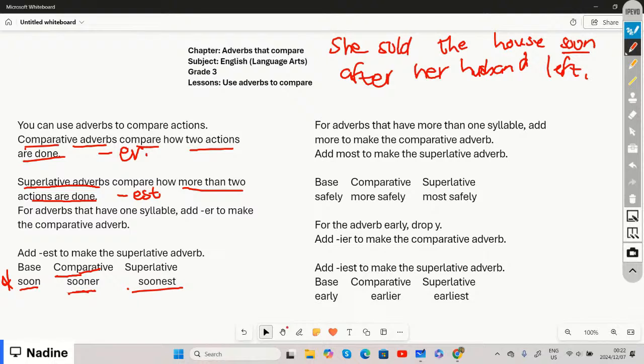So soon is basically our base adverb. We're not comparing in that sentence.